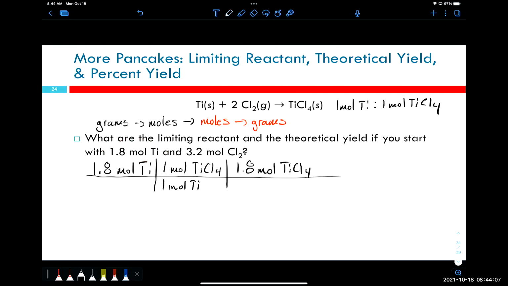And now we need to do the opposite, because we need to see which one we're going to run out of first. So we're going to do our chlorine now. We're starting with 3.2 moles of chlorine.